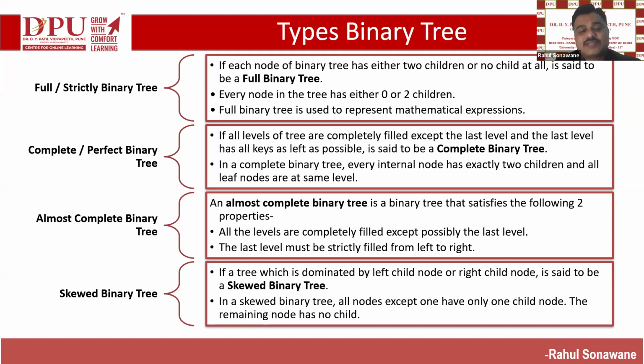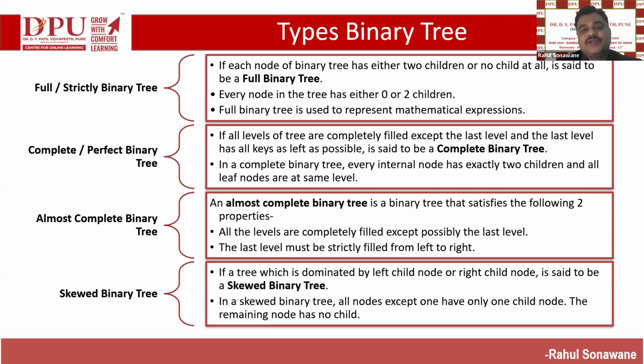Then the last type of tree is called a skewed binary tree. Here the number of left or right children is going to dominate the type. If every node has only a left child, then such a tree is called a left skewed tree.